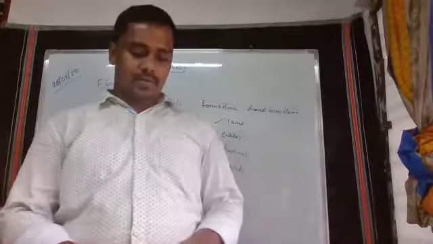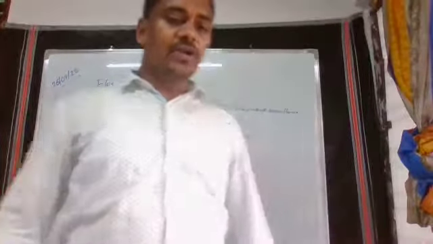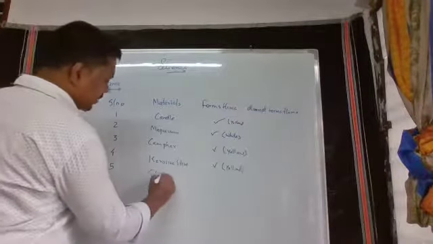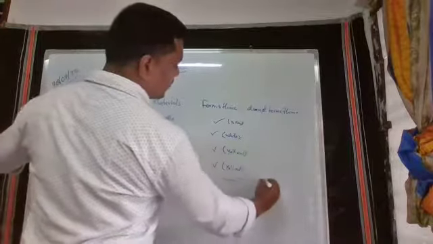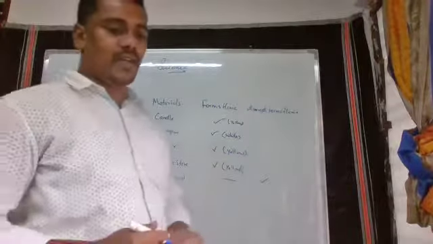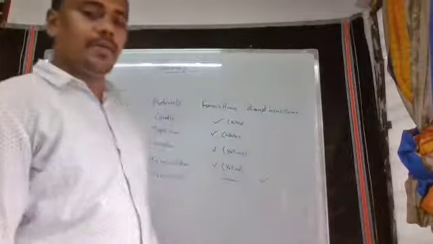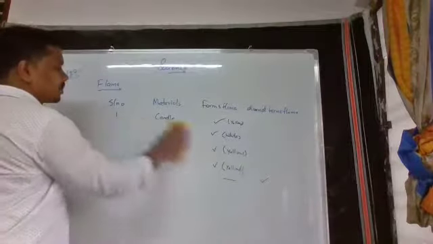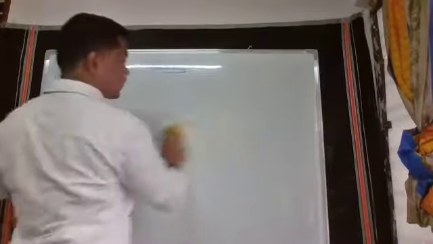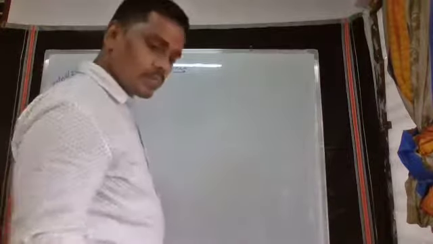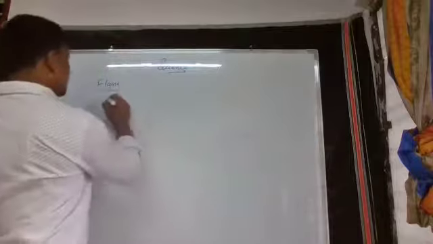We have already observed in the case of LPG, which is blue, candle, which is yellow, and in the case of magnesium ribbon, which is white. Now we are going to study the structure of a flame.